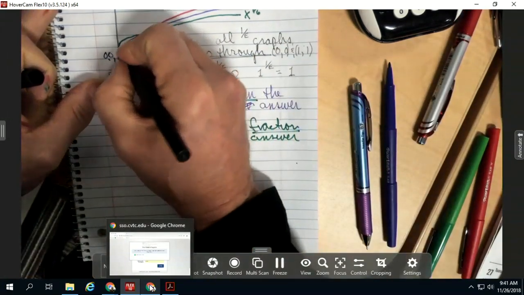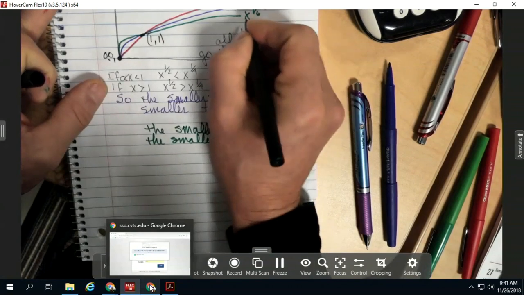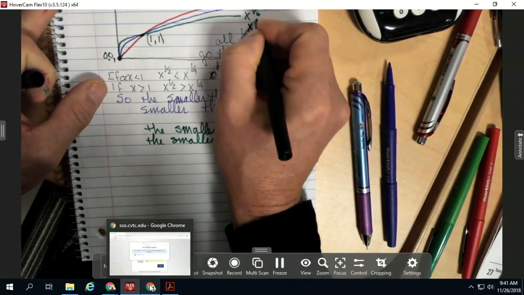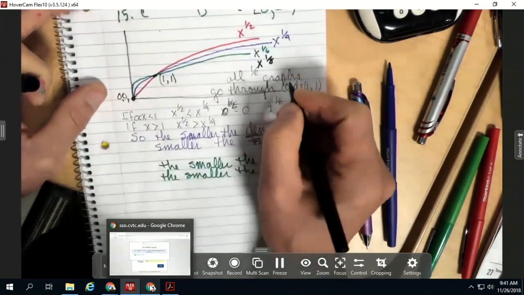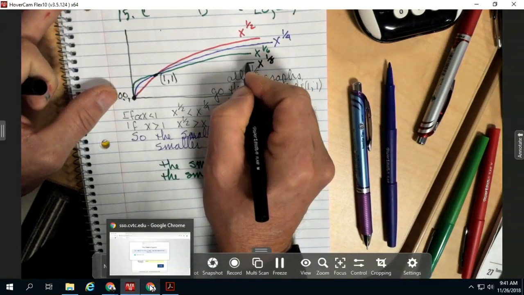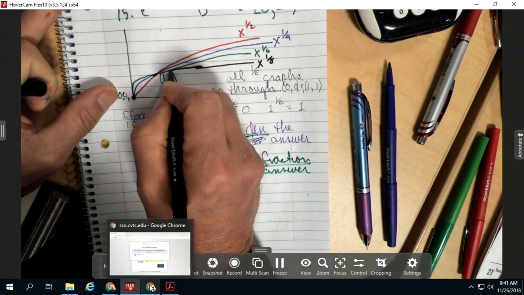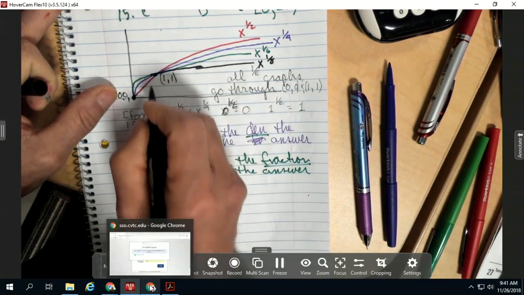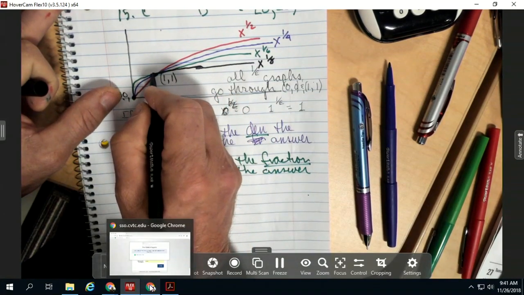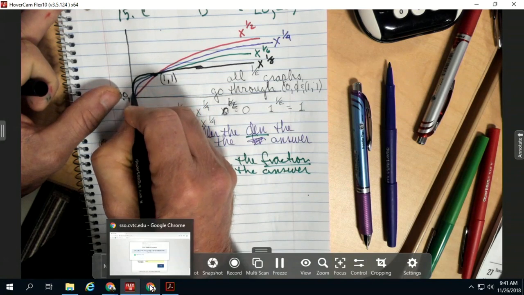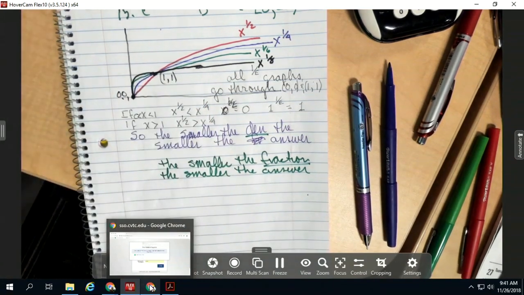X to the 1/8. Well, it's going to go through this point and this point, and it's going to end up over here, right? So it's going to come in, go through 1, 1, but now it has to be above the green line. Okay?